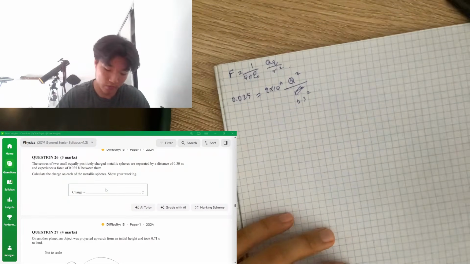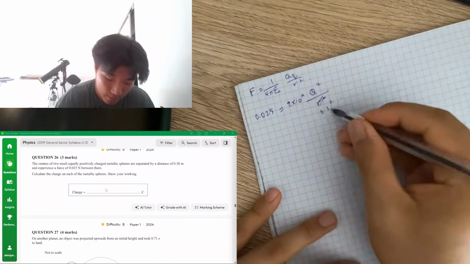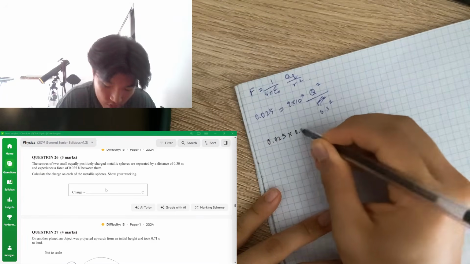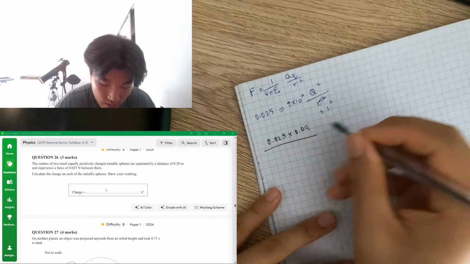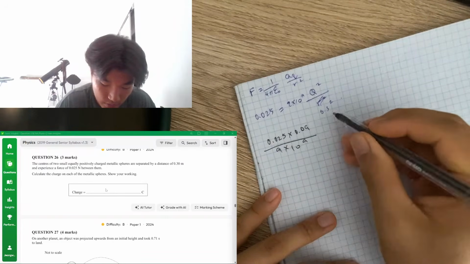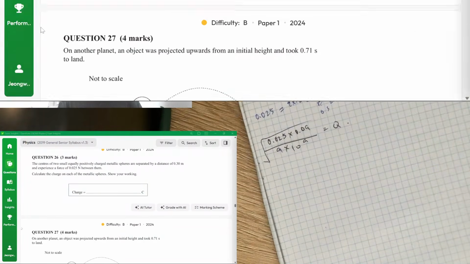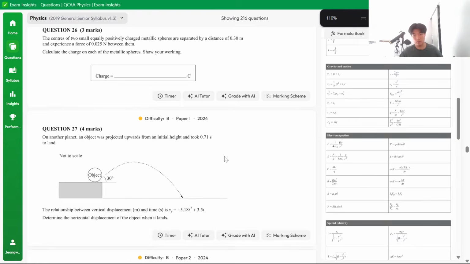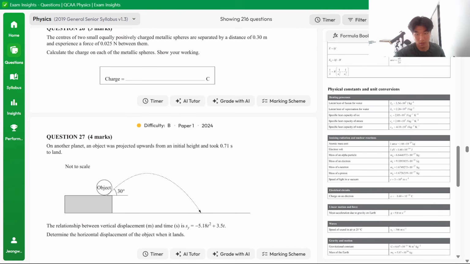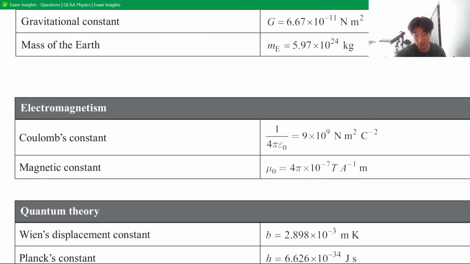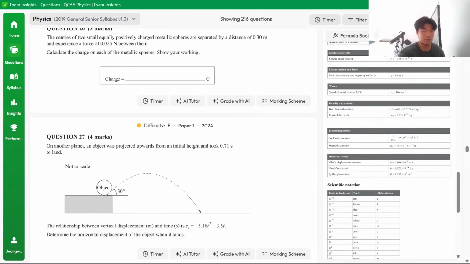Rearrange, multiplying both sides by 0.3 squared, which is 0.09. You divide by 9 times 10 to the 9. Then you square root everything to get Q, since Q is squared. Let's say you don't know the value for 1 over 4 pi epsilon naught. You can go to the electromagnetism part in the formula sheet and find Coulomb's constant, 9 times 10 to the 9.